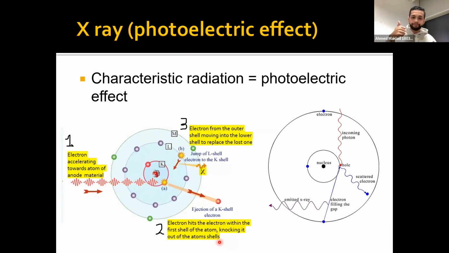Is this clear? Yep. It all starts inside. So the first shell that is going to release X-ray is the inner shell. And then it's kind of like a chain reaction.